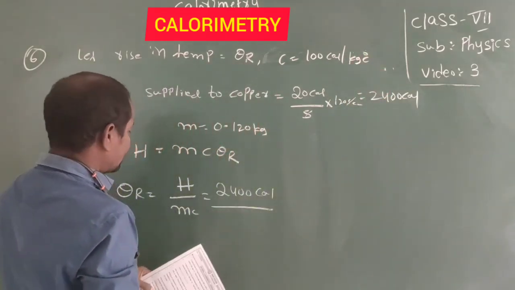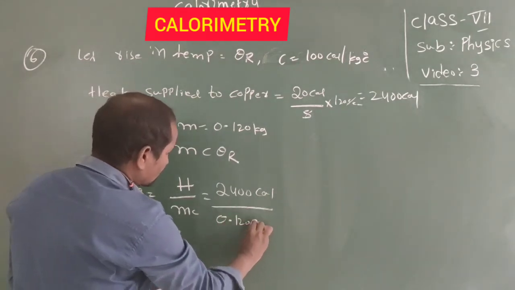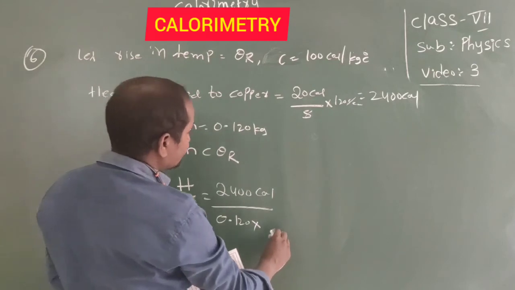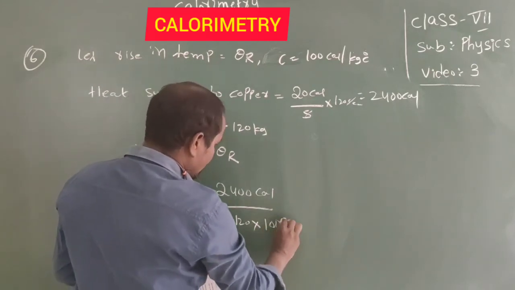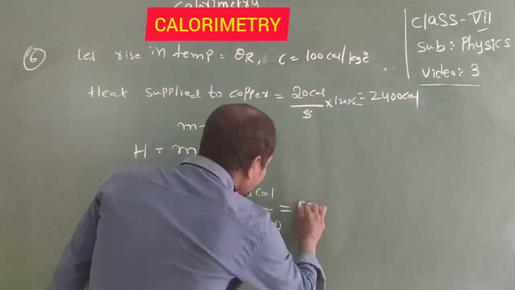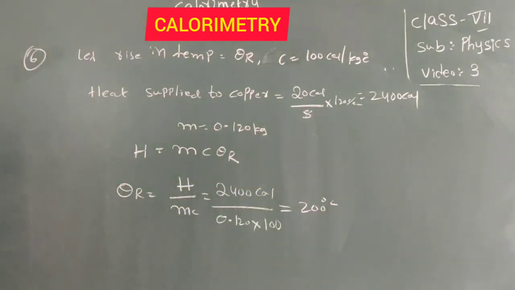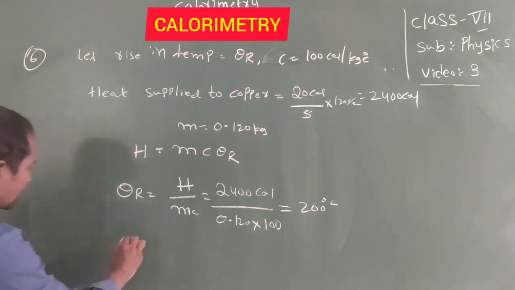So 0.120 into 100 gives 12, and theta R equals 200 degree Celsius.